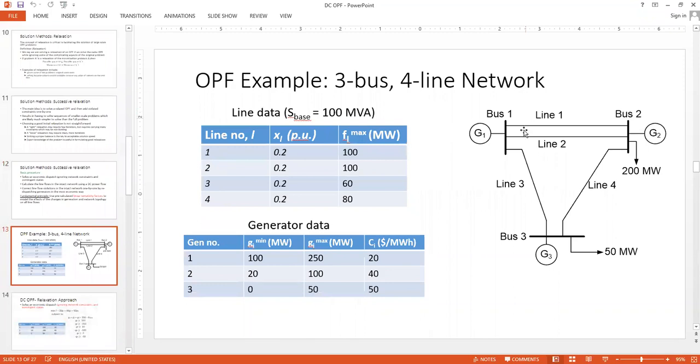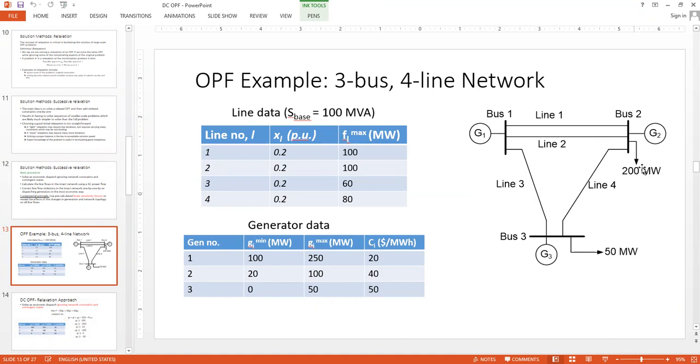So this is the network we are interested in. So we have again a 3 bus system. We have bus 1 connected with a generator, bus 2 connected with a generator plus load, and at bus 1 we don't have any load. Explicit load is not present here. At bus 3 we again have a generator plus a load, and you see that loads are presented by their real power consumption.